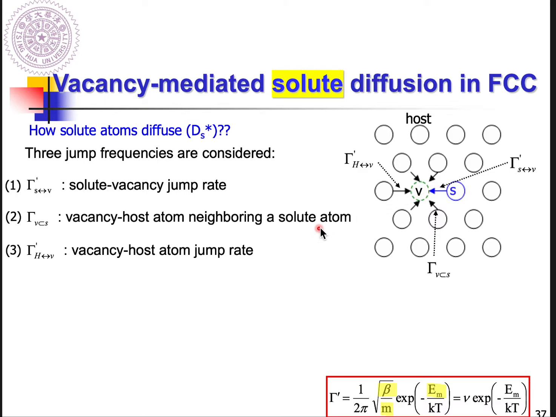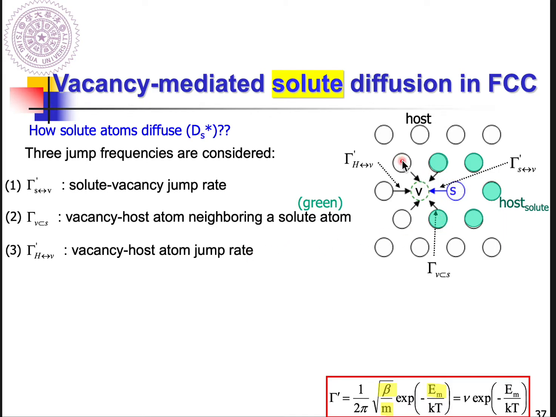And the second one is a host atom neighboring a solute atom, which we label as green. It jumps into a vacancy, so we use this to represent the atomic jump rate of the surrounding host atom jumping into a vacancy site.